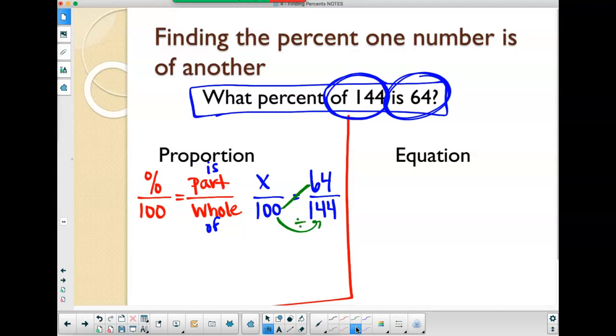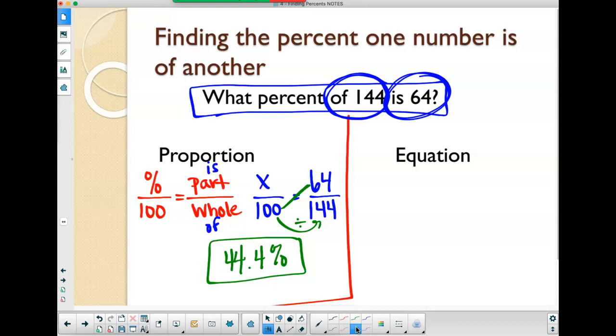So 64 times 100 divided by 144, you get 44.4%. Because it's 44.4 repeating, I'm just going to round it. We're going to round to the nearest tenth. So 44.4%. Okay? Questions on that piece?